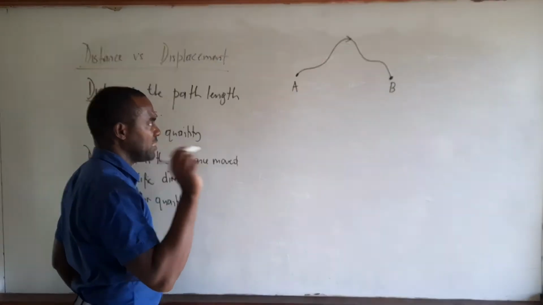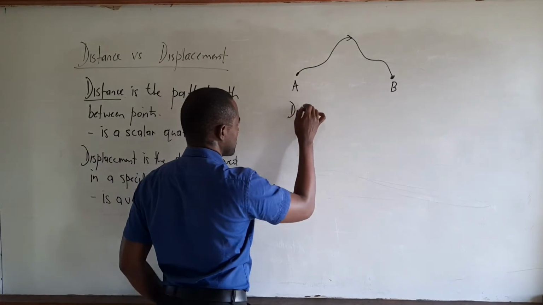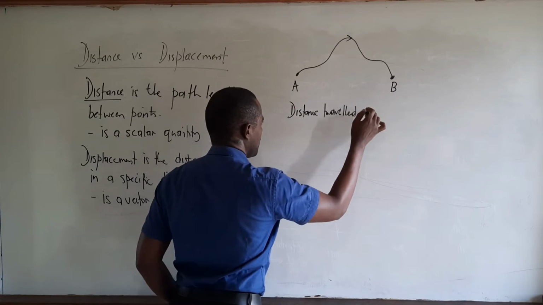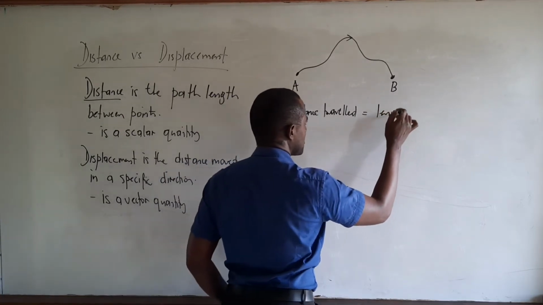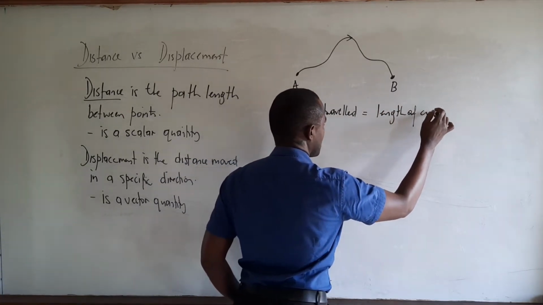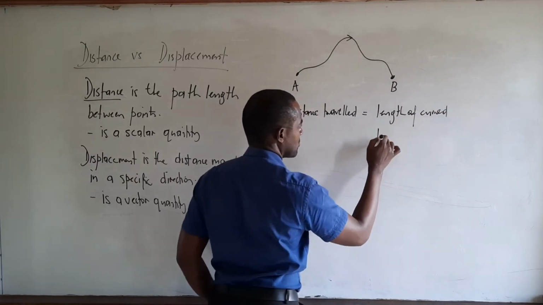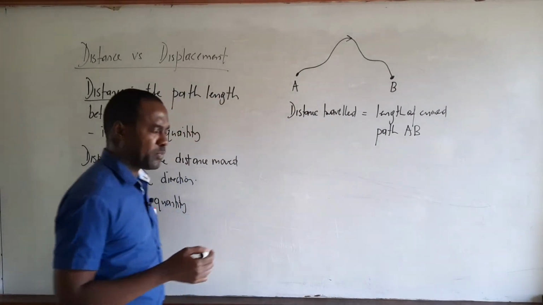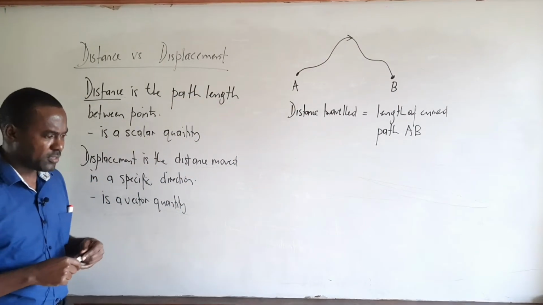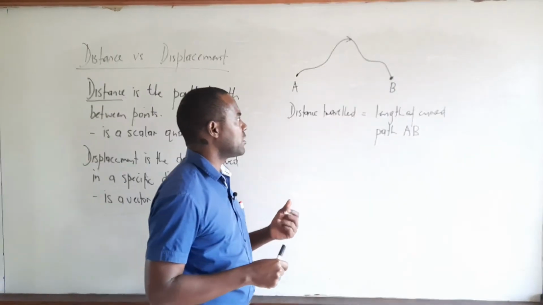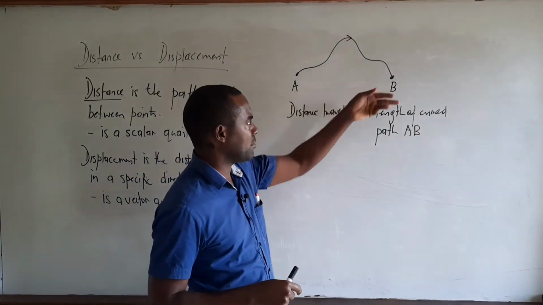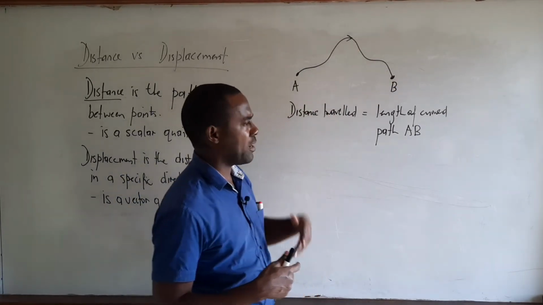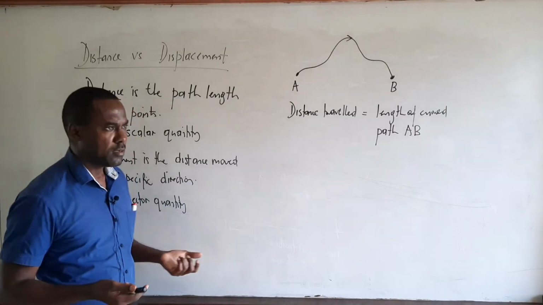Now, the distance traveled would be equal to the length of the curved path AB. So if this person wanted to know the distance he traveled, then he could basically measure the length of the curved path AB, because he would have walked along that exact path, and therefore the length of that curved path would have given the distance traveled, right?